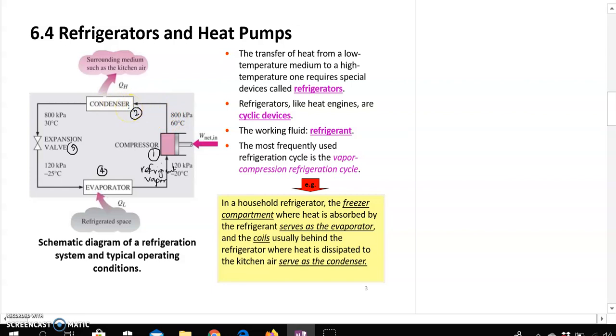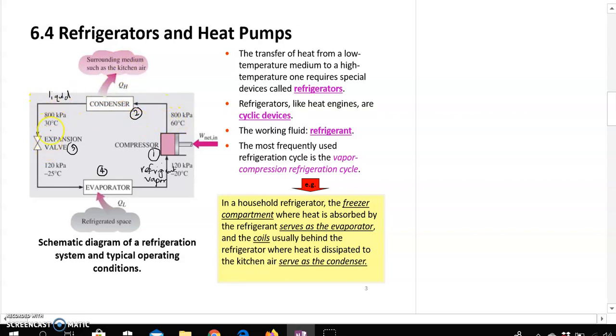Here the vapor flows through a coil inside the condenser, and during that process it rejects heat to the surrounding air, the surrounding medium. After that you get refrigerant liquid after the condenser. The pressure remains the same, but after you release heat to the surroundings, of course the temperature will reduce.